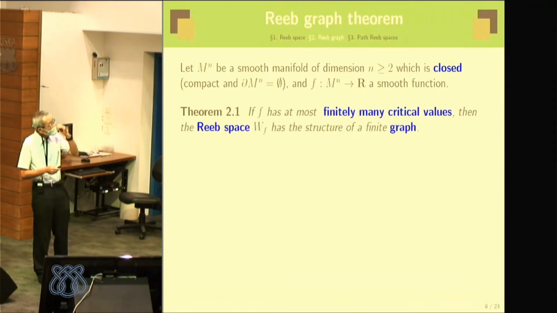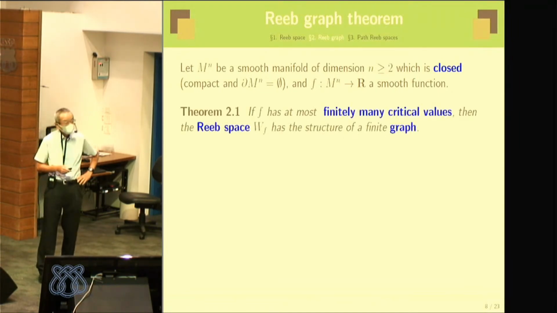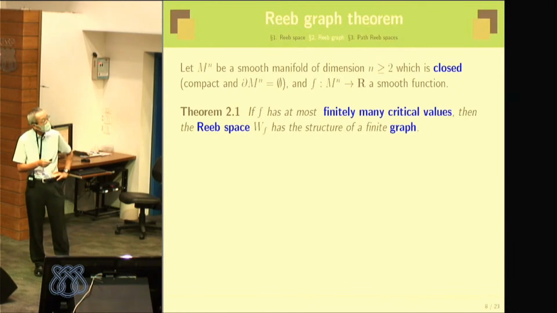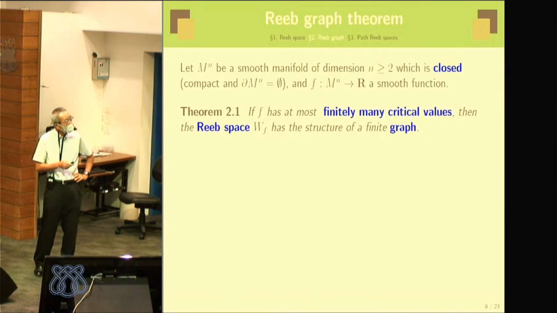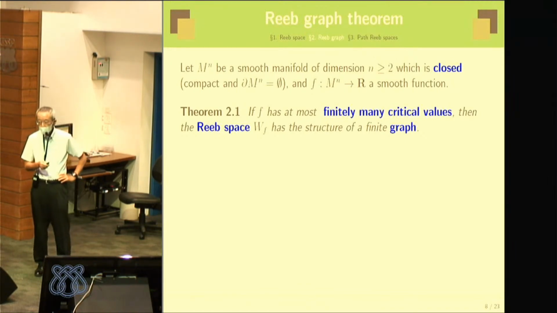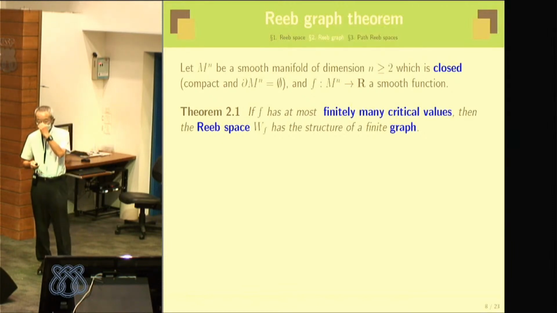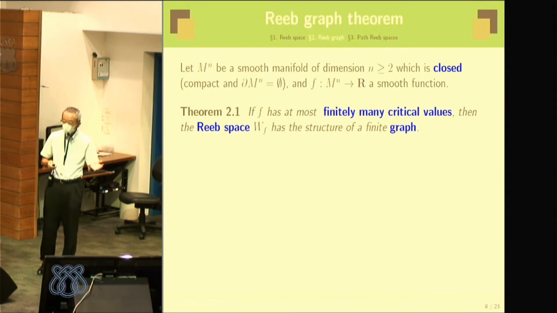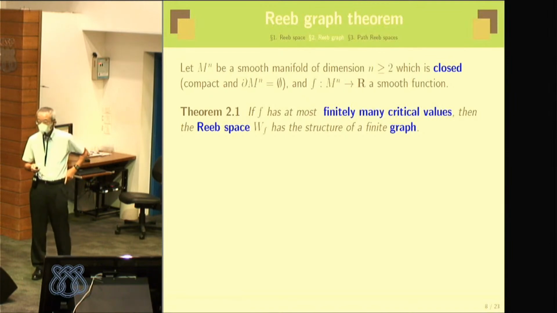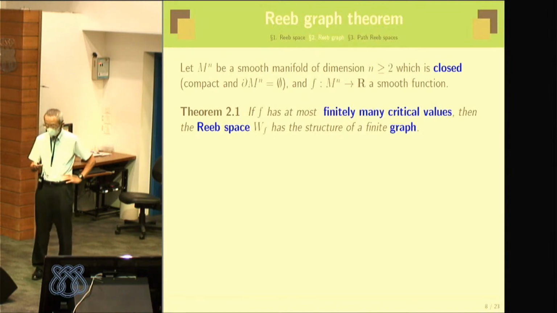And the main theorem of this talk is this. Suppose the function f has at most finitely many critical values. Okay. And then the Reeb space has the structure of a finite graph. So this is my main theorem today. So f may have a lot of critical points, but here we assume that you have only finitely many critical values.